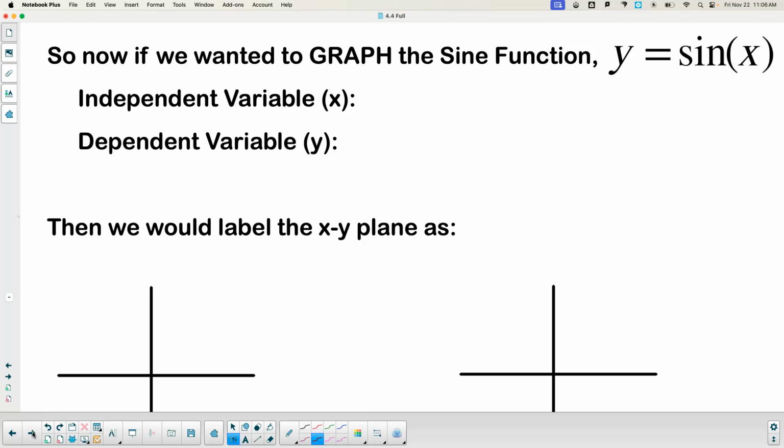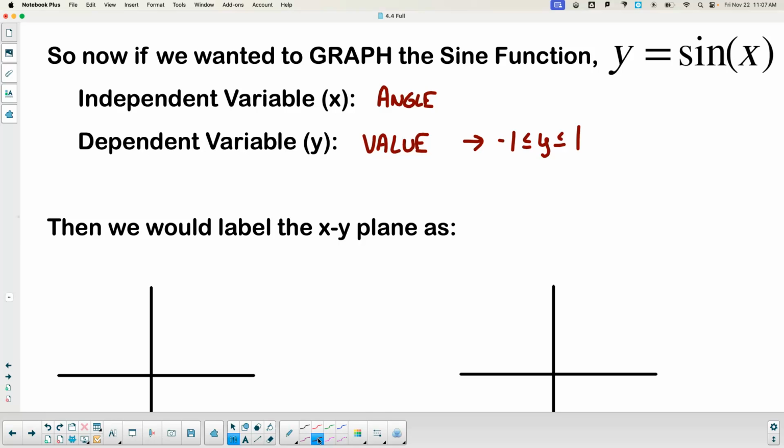Same with cosine. So if I want to graph y equals sine of x, my independent variable is now my angle, and my dependent variable is a value between -1 and +1. It can't be outside of that because sine doesn't exist outside of that.